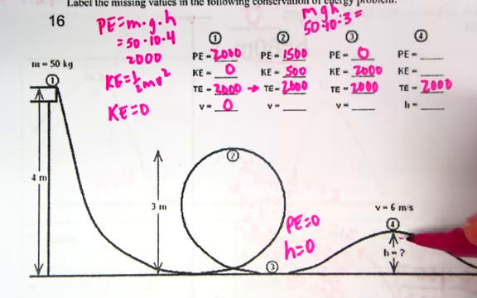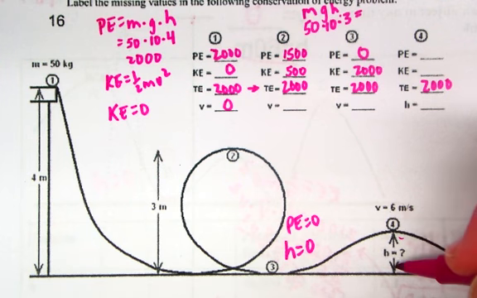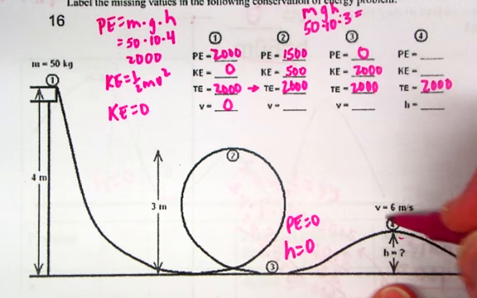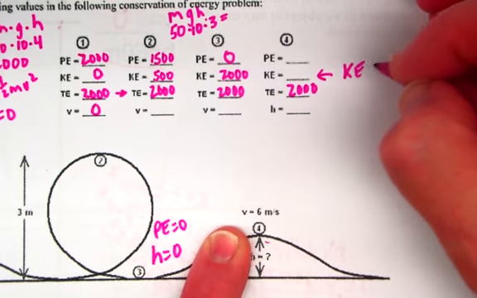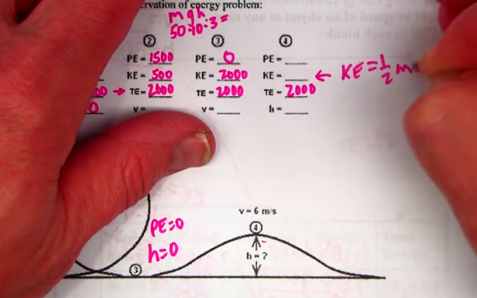At position 4, they're going to ask me to figure out my height. So what I'm going to do there is first figure out, they give me v. So now I can solve for KE. KE is 1/2 mv squared.